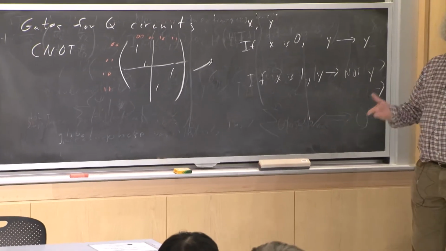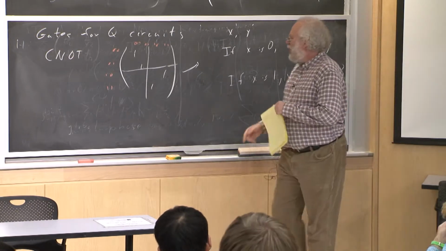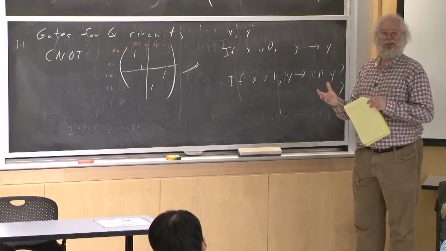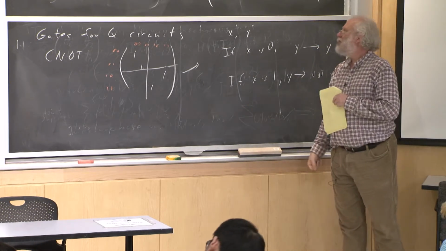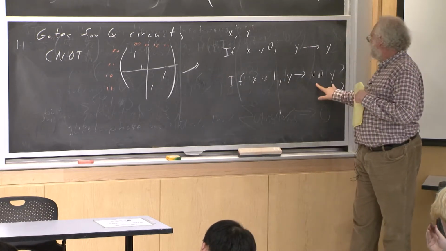And this is a classical reversible gate as well as a quantum gate because, basically, it's a permutation, which means it's a classical gate. You don't get any phases applied to any of the things, and we don't get any superposition.